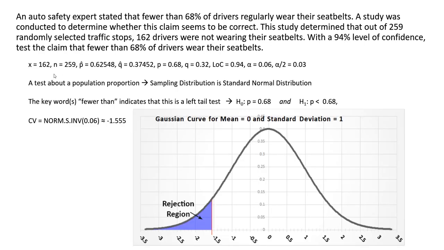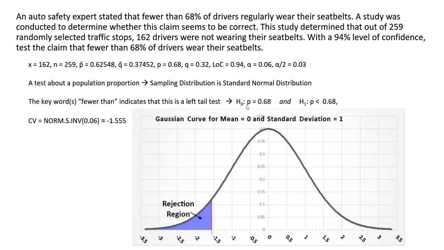So that's parts A through E of this hypothesis test. This is what we have so far. We have all of our deconstruction part up here. We know it's a test about a population. We know the correct sampling distribution is the standard normal distribution because it's a proportion problem. The key words fewer than indicate that this is a left tail test.